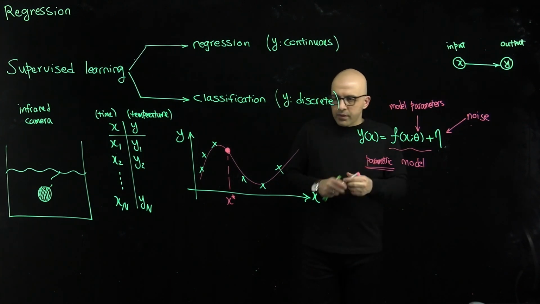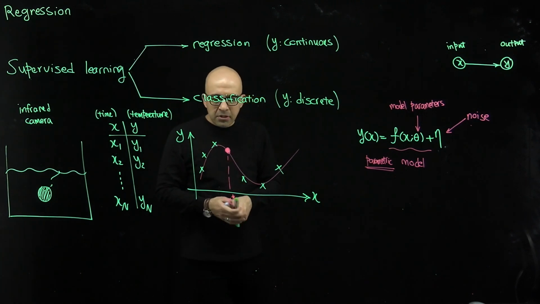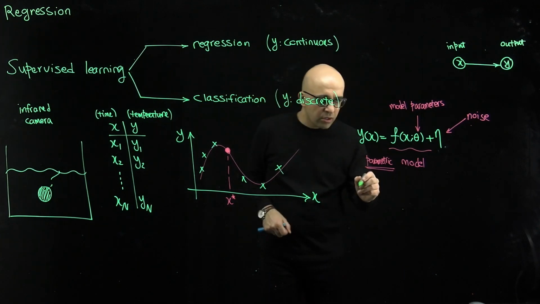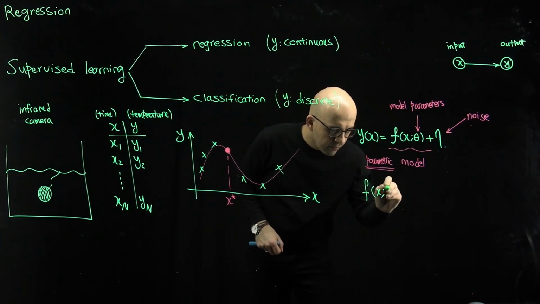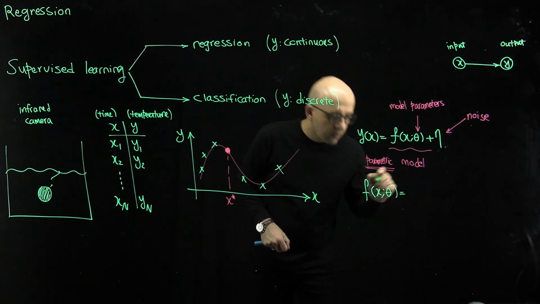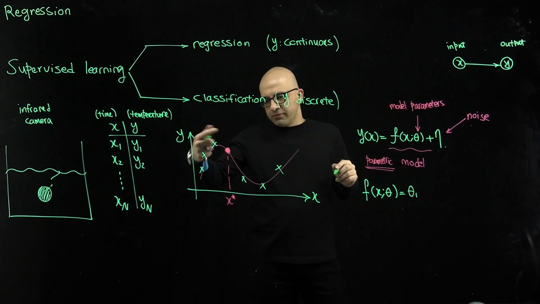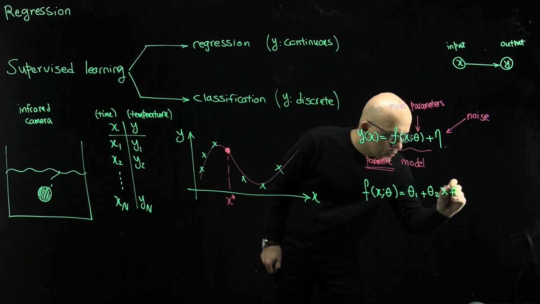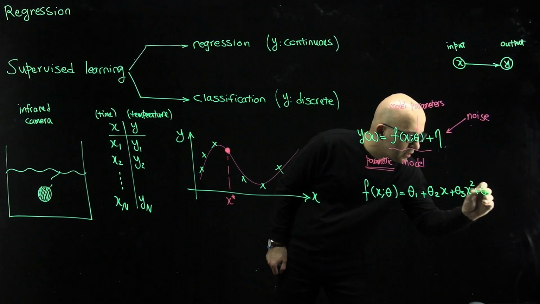And one can look at this data and then choose a polynomial model for regression. If I choose a polynomial model, let's say a polynomial of degree 3 seems appropriate here, then I'll introduce 4 parameters, obviously.